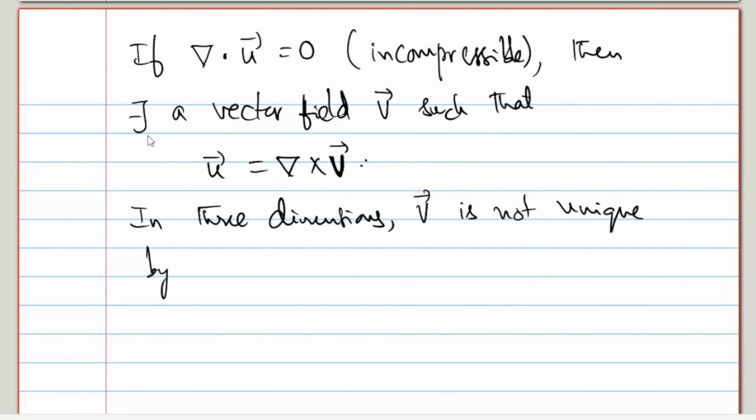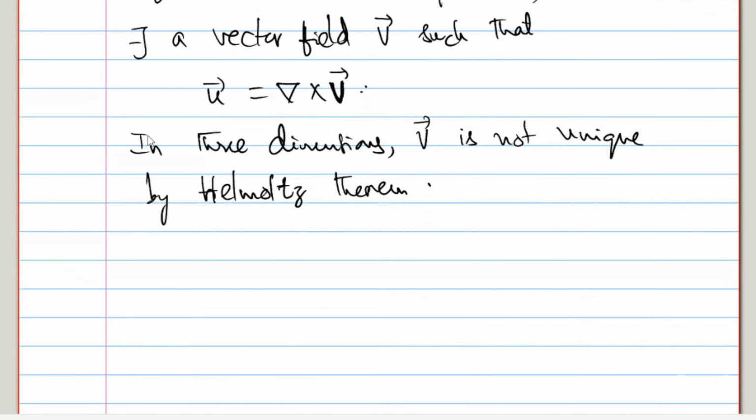Helmholtz theorem, that theorem I have given as an assignment to the last 2 roll numbers, says that any vector field you can write as this curl, which is your rotational part, plus an irrotational part. So you can always do this.